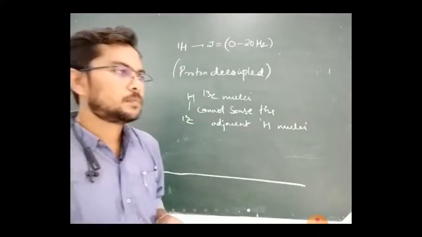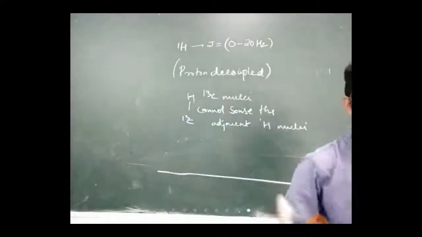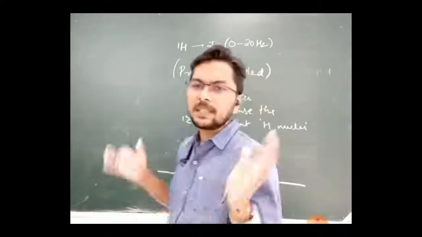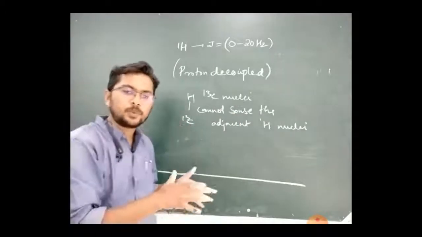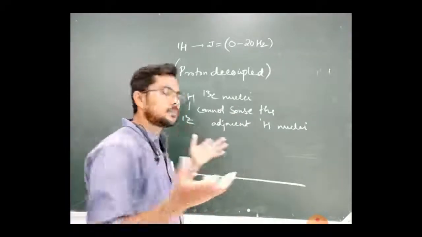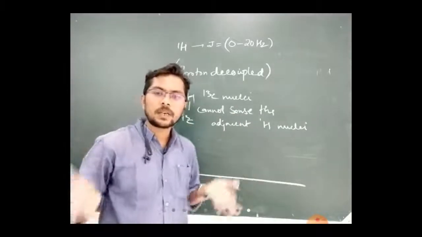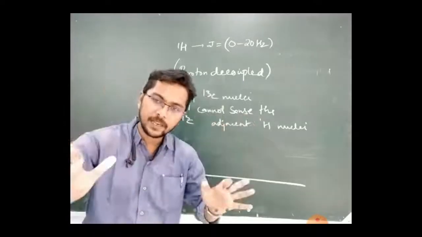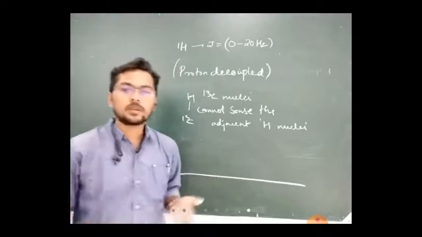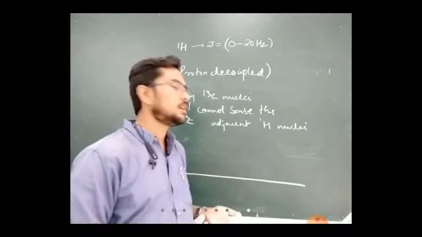So it's like the hydrogens are present, but at the same time something is being done so that the carbon 13 nuclei cannot sense the adjacent hydrogen atom. Hydrogen atom is already there, but it is not having any effect on the carbon 13.